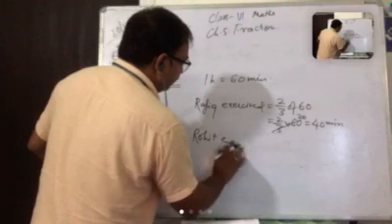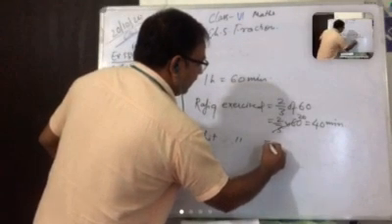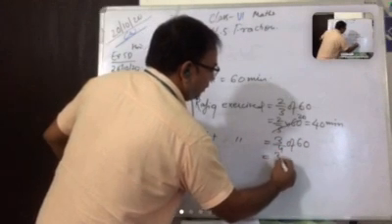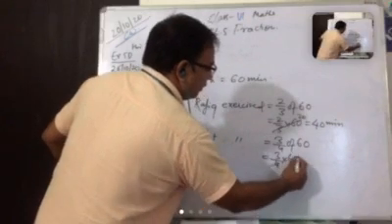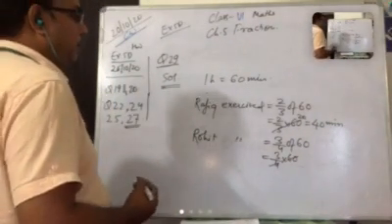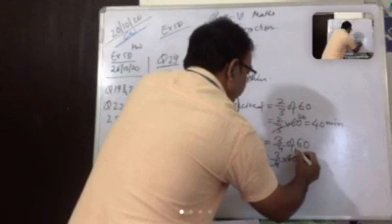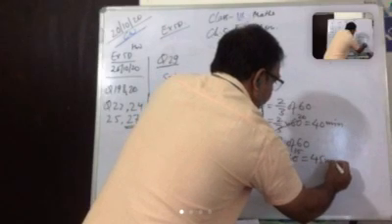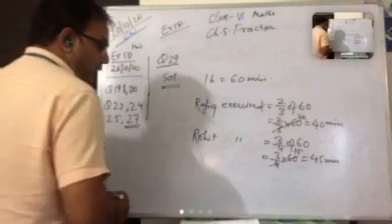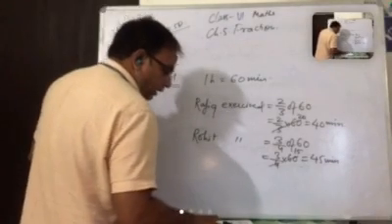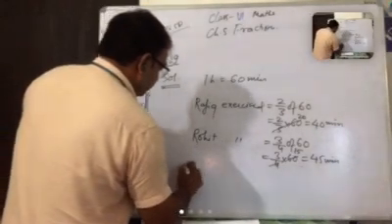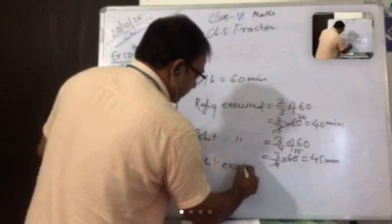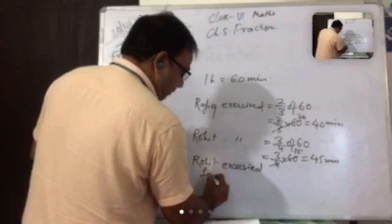Rohit exercise is equal to 3 upon 4 of 60, which is equal to 3 upon 4 into 60. So 4 ones are 4 and 4 fives are 20. It's 15 fives are... 15 threes are 45 minutes. Now Dilkush, who exercised for a longer time? Rohit exercised for a longer time.